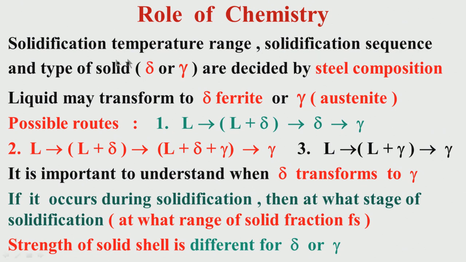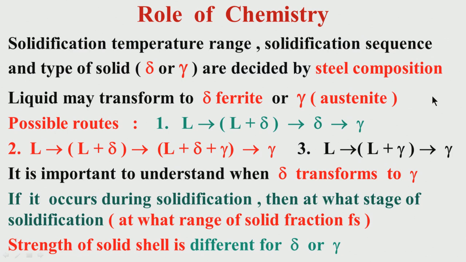First, the solidification sequence will depend on chemistry, and so will the solidification temperature range, because as you go to more and more carbon or increase the alloying elements, the liquidus and solidus change. The difference between liquidus and solidus, which is known as the solidification range, will also change depending on the chemistry.